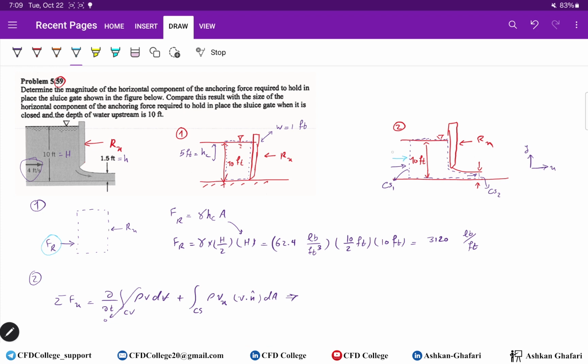So here we have Fr1 pushing the flow, actually it's toward the control surface, and here we have Fr2, again it's toward the control surface. It doesn't matter whether you have inflow or outflow. So we have two forces due to hydrostatic pressure.